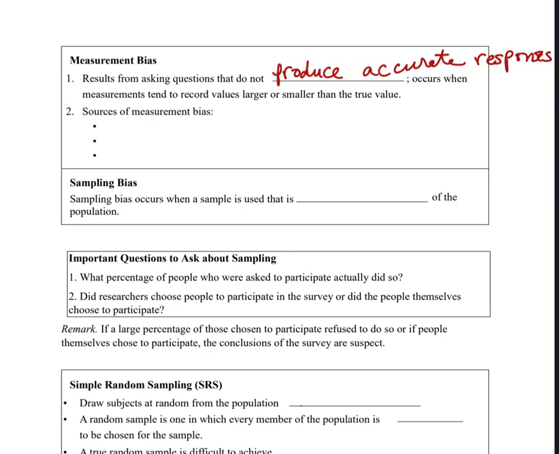If we have something in the question that skews people's responses, it guides them towards one response versus another, that's going to create a measurement bias. So usually a source of measurement bias would be issues with the question most of the time. Issues with questions. I would say I really like the term using non-neutral language in a question.